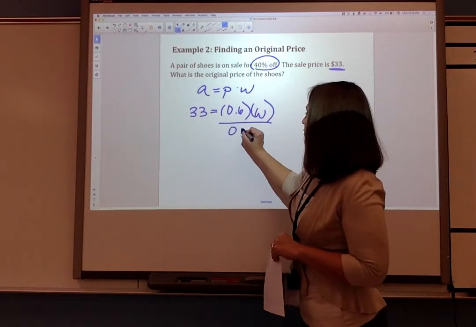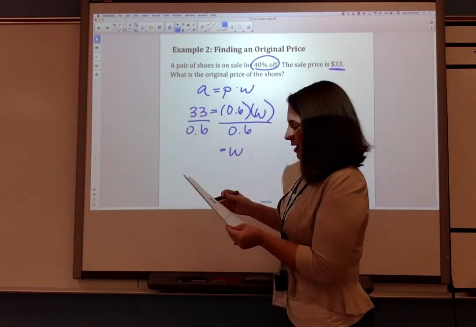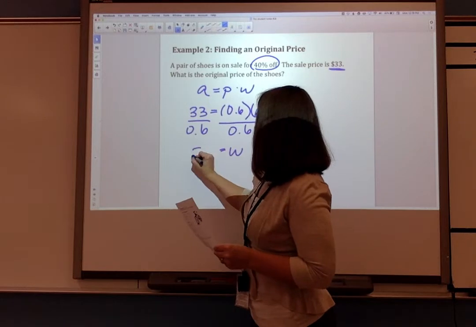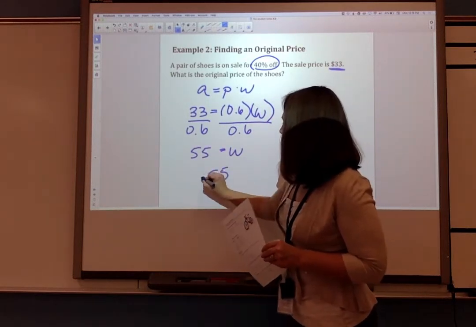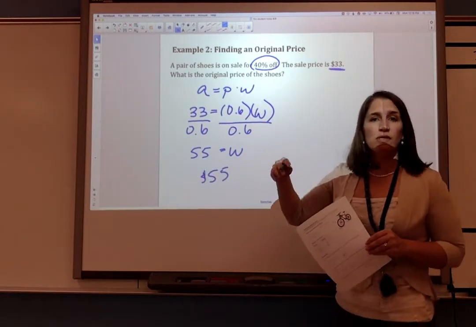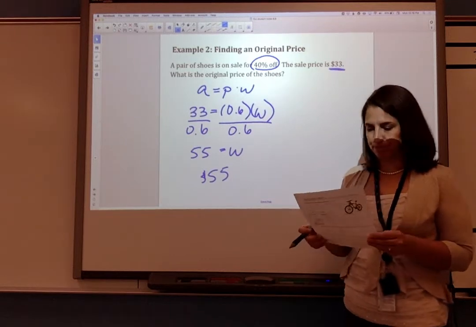We're going to divide both sides by 0.6, and we get the whole is 55. So we're talking about a $55 pair of shoes. They're 40% off, and so now we're paying $33.